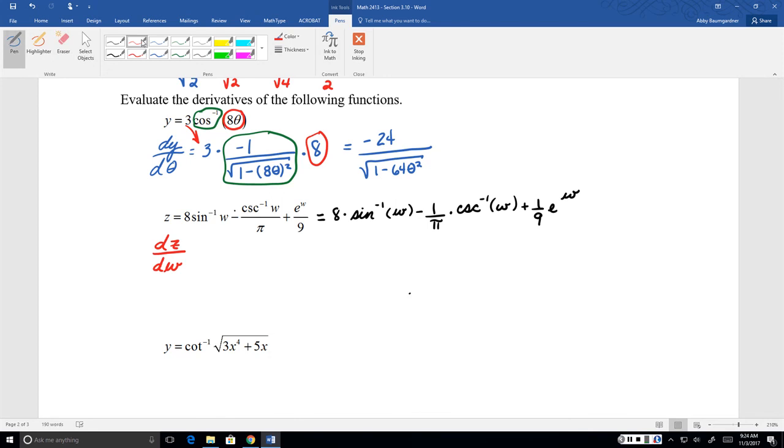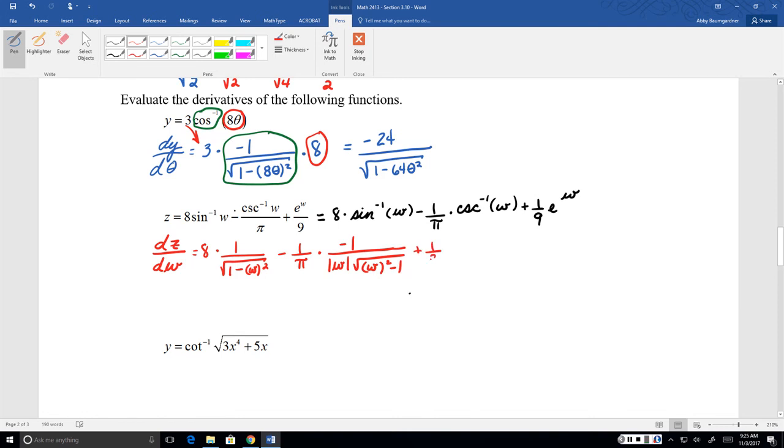Okay, so anyway, 8 is going to tag along. Sine inverse is 1 divided by the square root of 1 minus the argument squared, and our argument here is w. The 1 over pi will tag along. Cosecant is a negative 1 over absolute value of w square root argument squared minus 1.